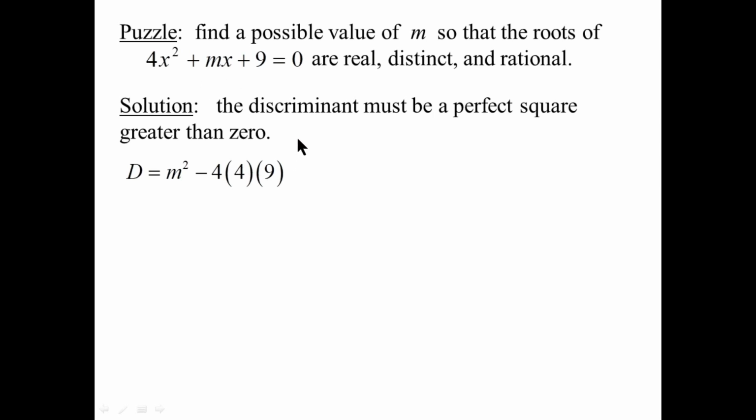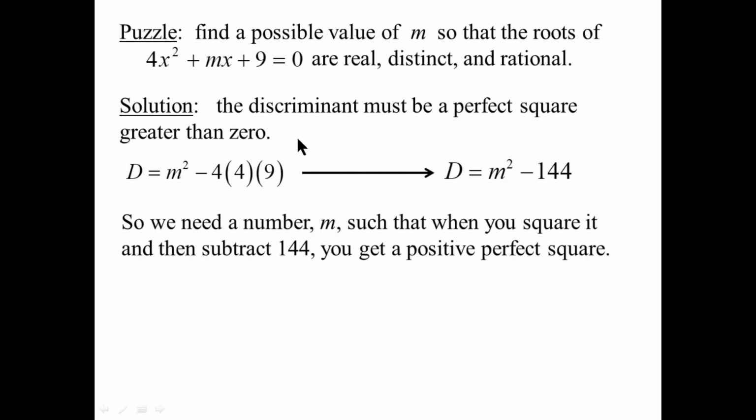It looks like this. So b squared is actually m squared, minus 4 times 9, which is 144. We need a number m, such that when you square it and then subtract 144, as in this, you get a positive number that's a perfect square number.